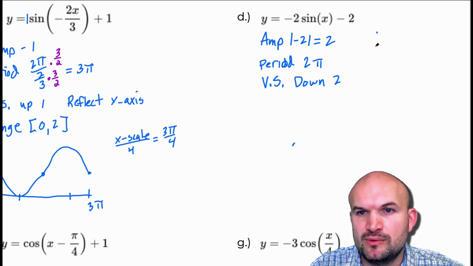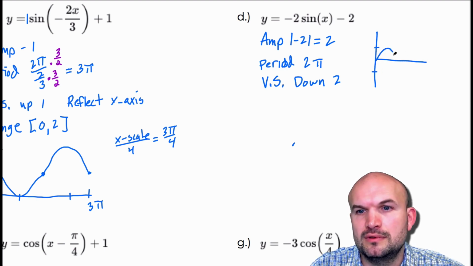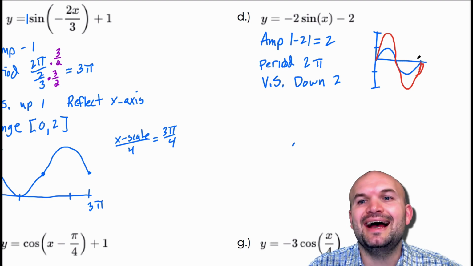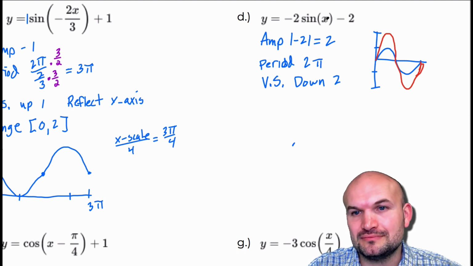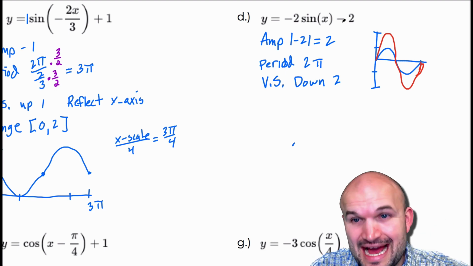So let me just do a rough sketch over here. Here's the parent graph. If the amplitude is 2, then now the graph is going to go up to 2, down to 2, and then end right there. But now the graph is being shifted down 2 units.